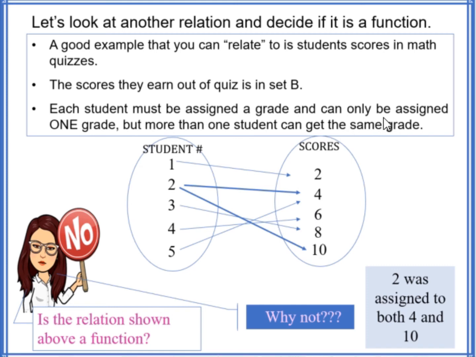Ang sabi natin, a grade can only be assigned to a student. Isang grade lang ang pwede. And we call this a one-to-many relation, and a one-to-many relation is said to be not a function.